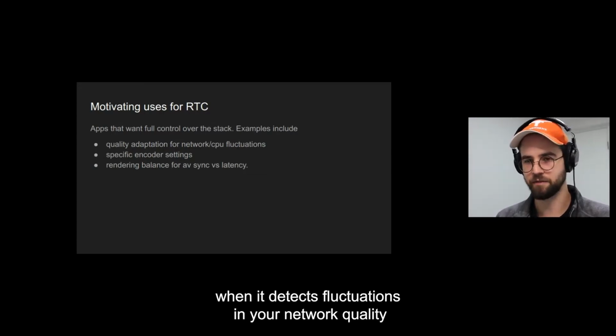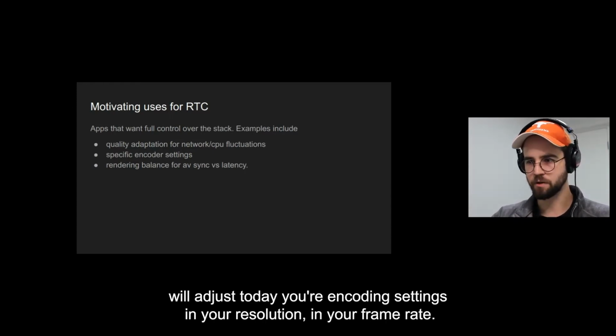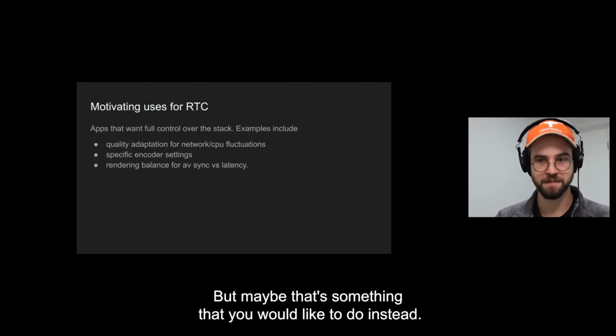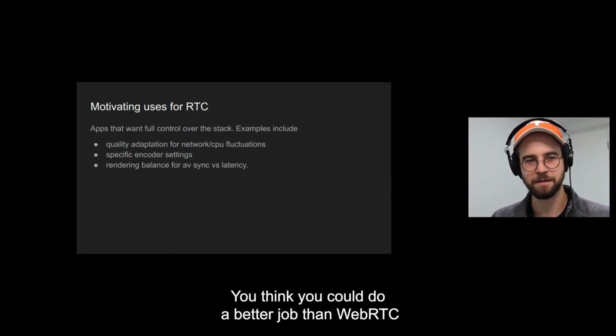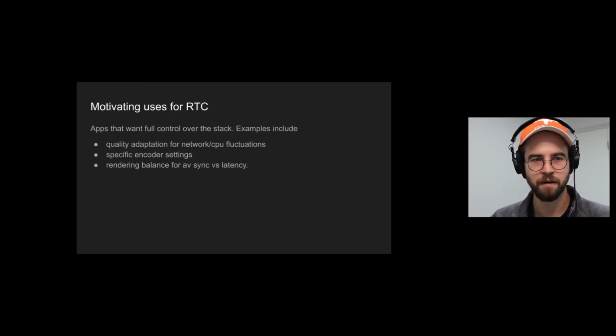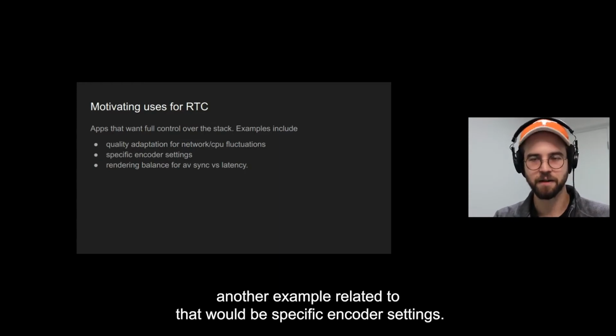When it detects fluctuations in your network quality or CPU overuse, WebRTC will adjust your encoding settings, resolution, and frame rate today, but maybe that's something you would like to do instead. You think you could do a better job than WebRTC, or use a strategy that makes more sense for your app. Another example related to that would be specific encoder settings.